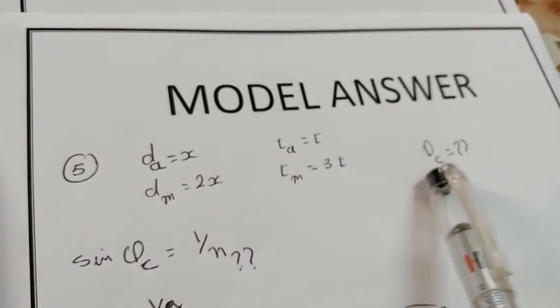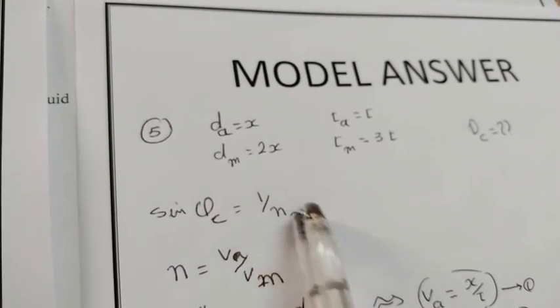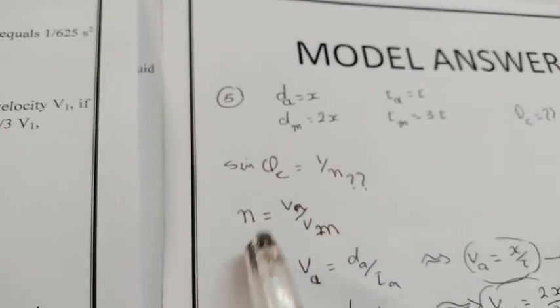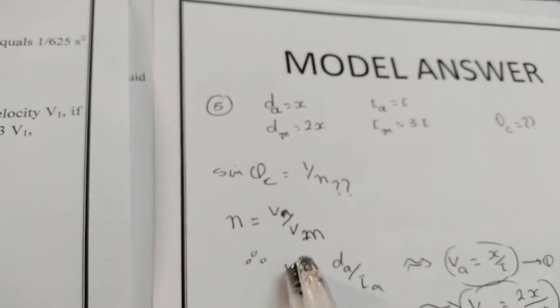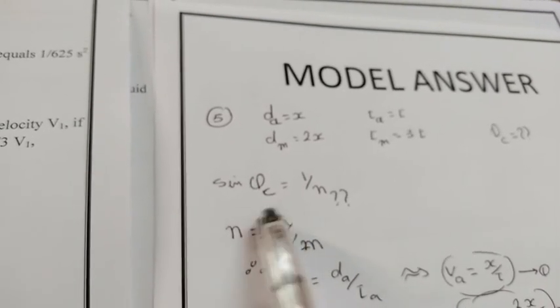So he wants you to get the critical angle. We know that sine critical angle equals 1 over n, but we don't have n. We have to calculate n. How? From the relation n equals Va over Vm, where Va is the velocity of light through air and Vm the velocity of light through the second medium.